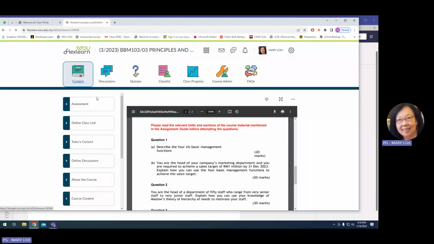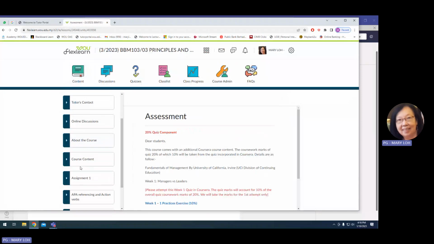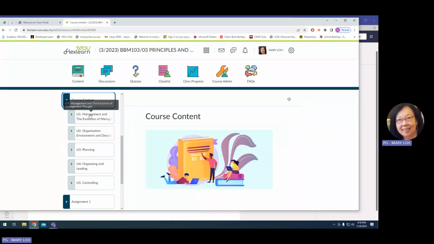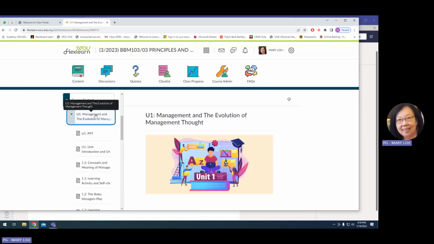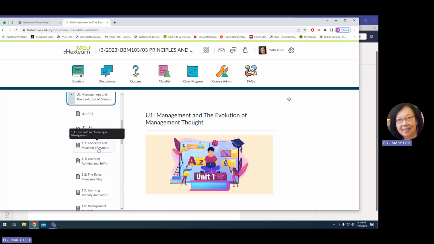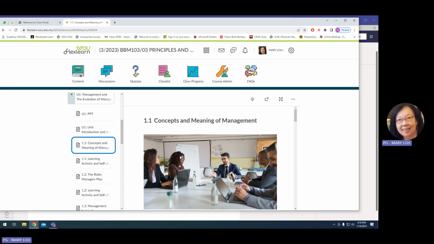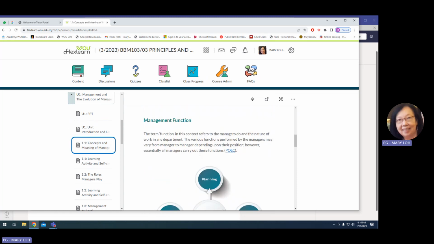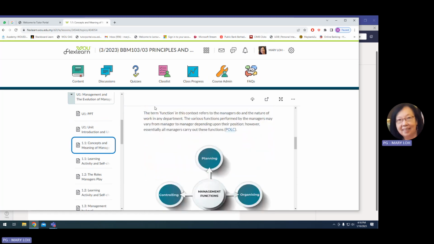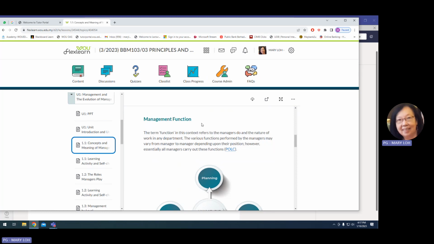So go to content. Course content, for those of you who missed tutorial 1, you can refer to this. If you look under this part here, the concepts of management, you can go straight to this part and you can see the management functions, okay?